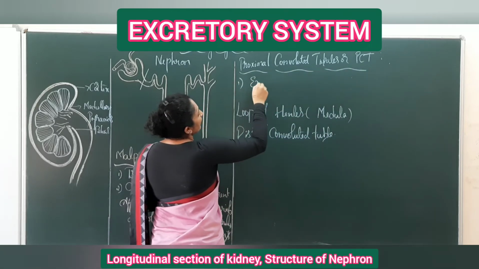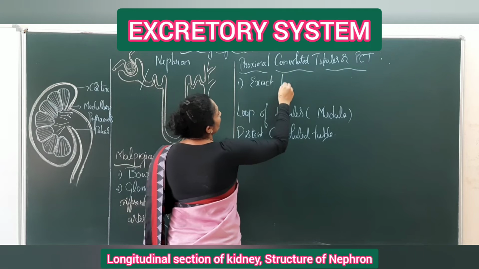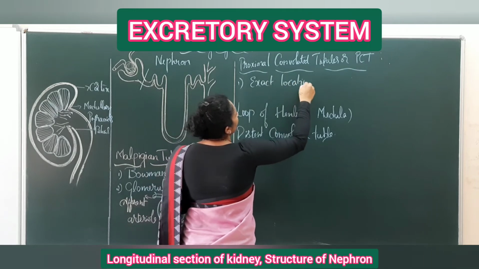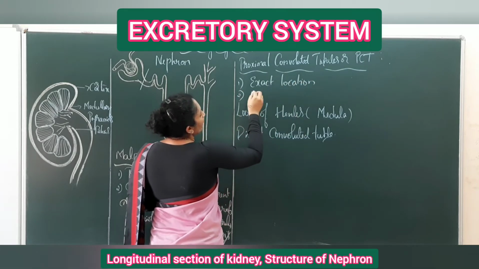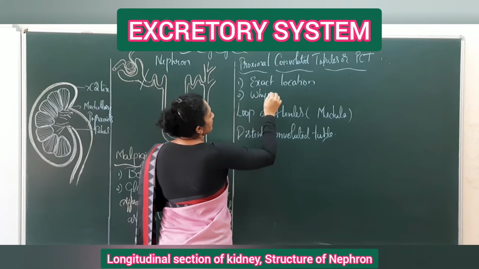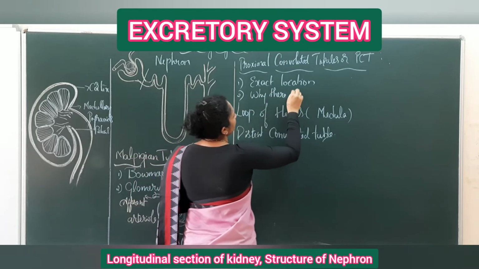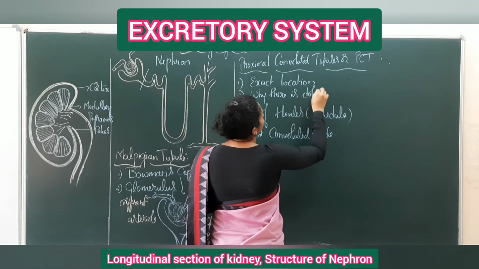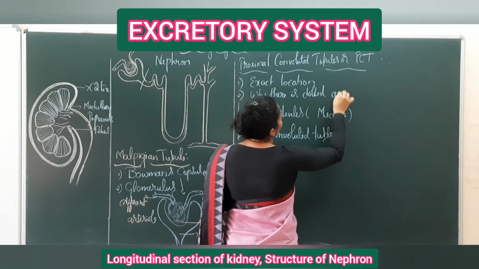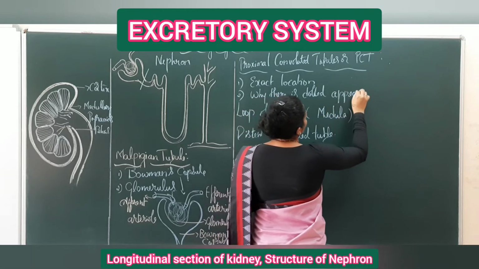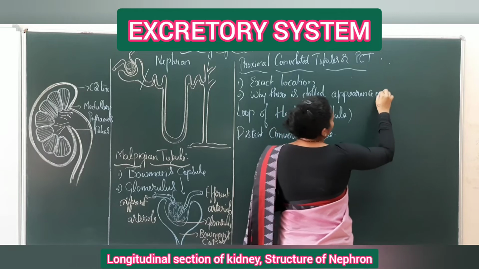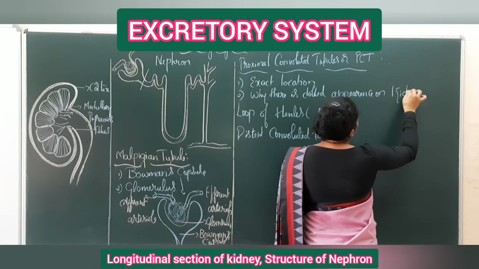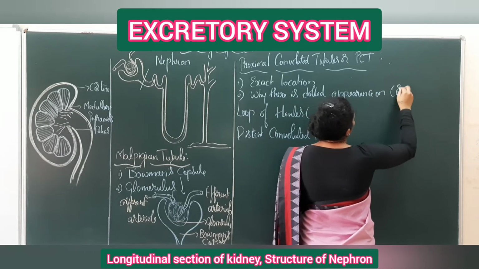So here they will ask for the exact location, and also why there is a dotted appearance on the cortex of kidney.